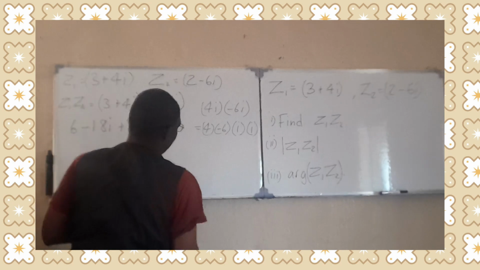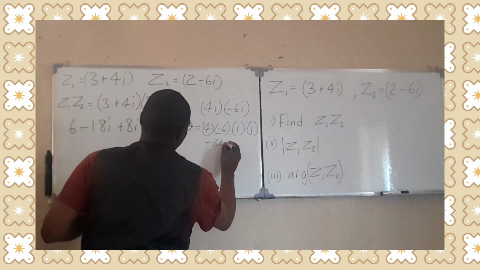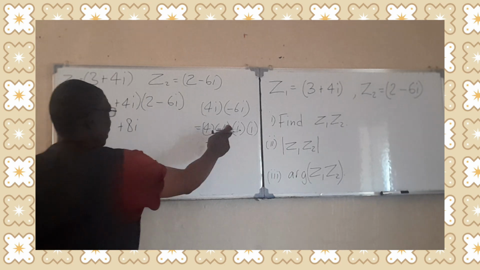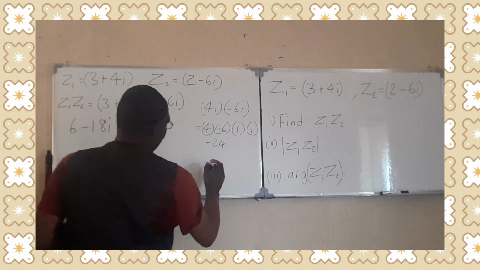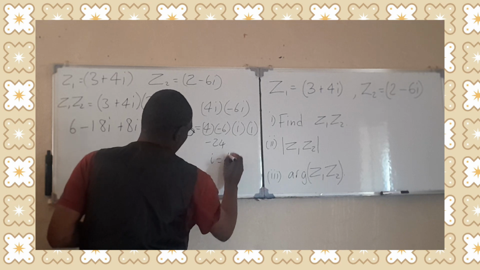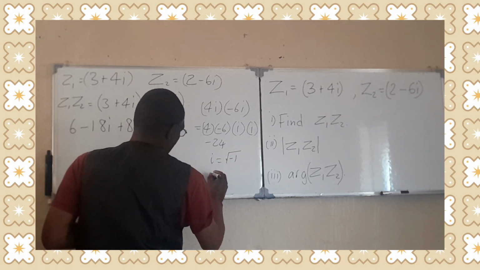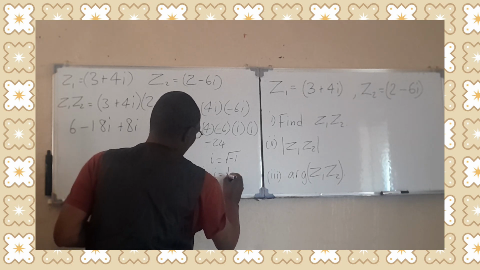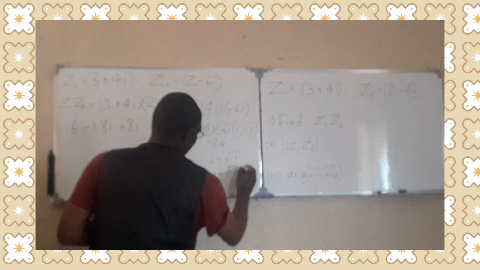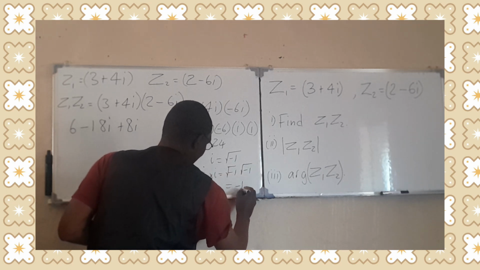So let's deal with the real part here. 4 times minus 6 is minus 24. But what is i multiplied by i? Remember, i is equal to the square root of minus 1. So i times i is equal to the root of minus 1 multiplied by the root of minus 1, which is just equal to minus 1.